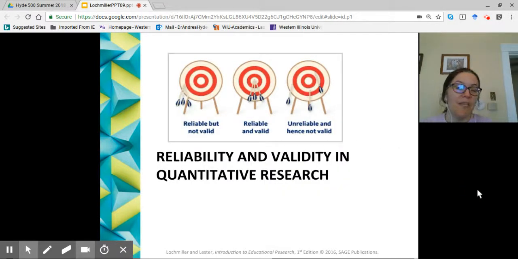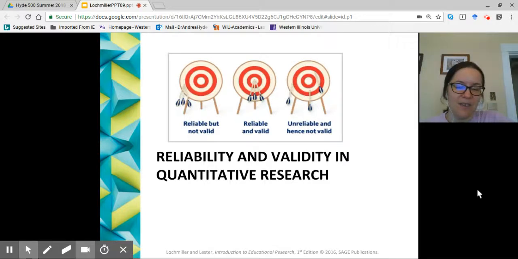Okay, reliability and validity. In quantitative research, in traditional scientific research, this is where these terms come from. And if we use them in qualitative research, it's because we are trying to talk about parallel constructs, but this is where they live. I like the bullseyes.